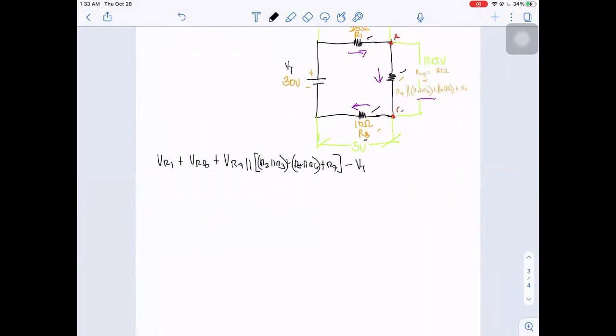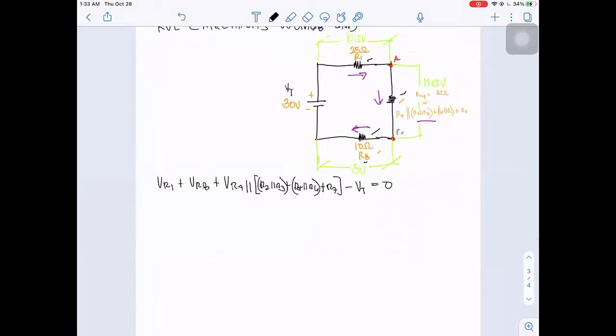So minus VT, which is equivalent to 0. So we have VR1, which is equivalent to 12.5 volts, plus VR8, the voltage drop on resistor 8, that is 5 volts, plus the voltage drop on this resistor, which is again 12.5 volts, minus our source voltage VT, which is equivalent to 30 volts.